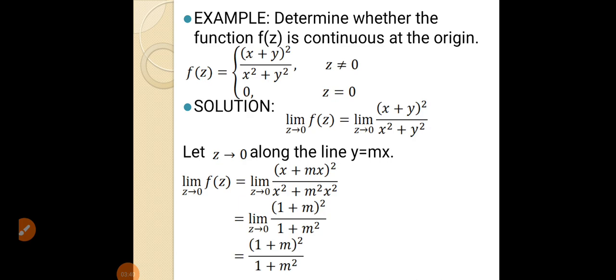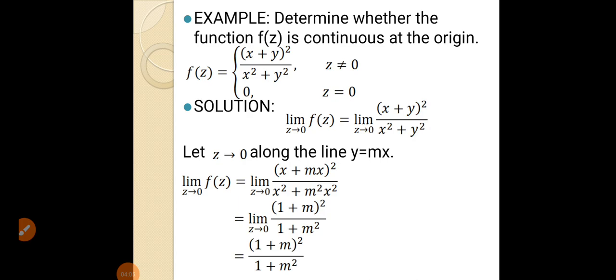Let z tend to 0 along the line y = mx. We put the value of y = mx. The limit of f(z) is the limit as z tends to 0 of (x + mx)^2 / (x^2 + m^2 x^2).